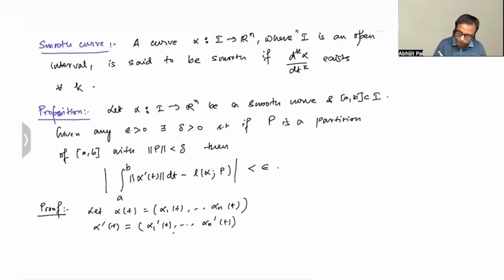Alpha prime continuous implies each alpha j prime is continuous.